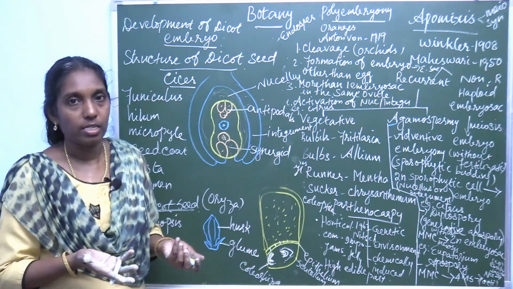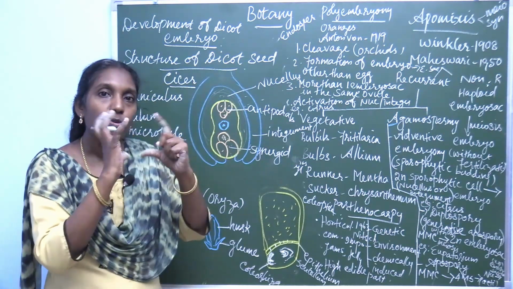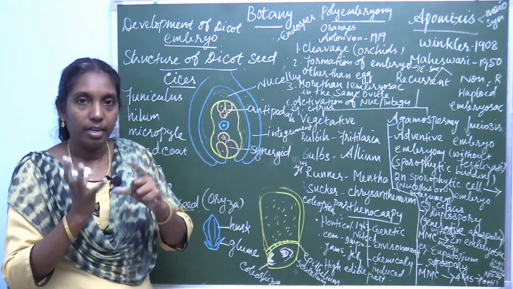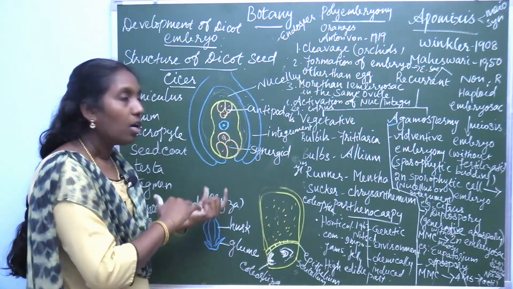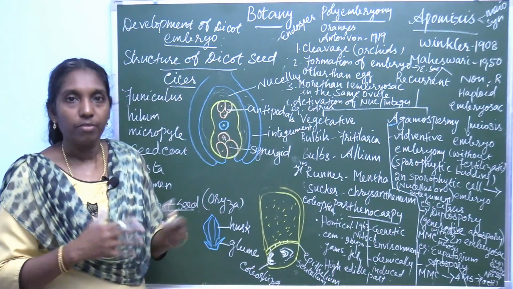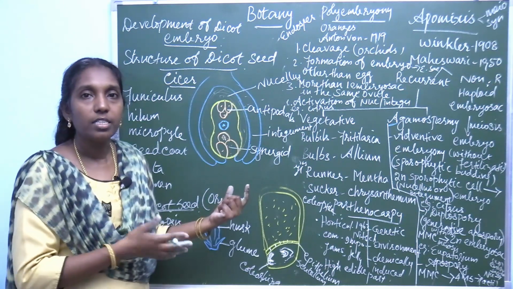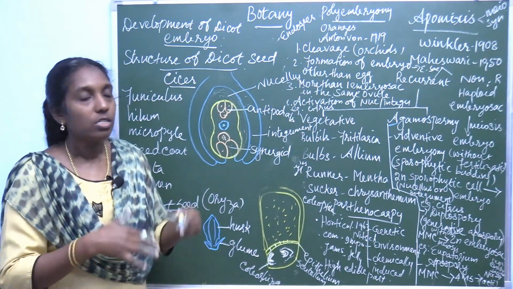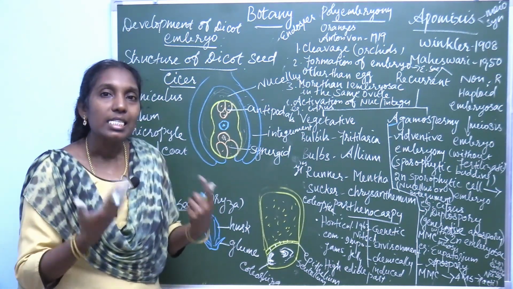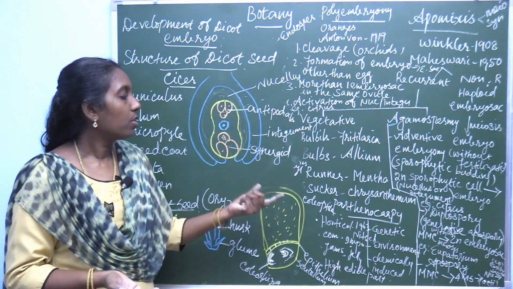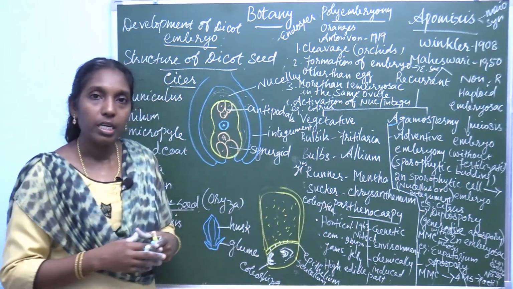But here the fruit like structures are developed without fertilization. So, without fertilization there is no formation of seed. These fruits are called seedless fruits, or parthenocarpic fruits.